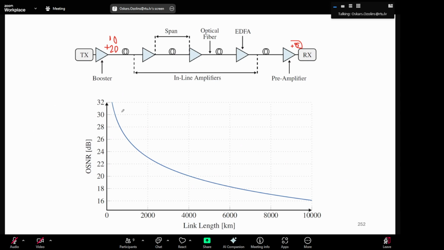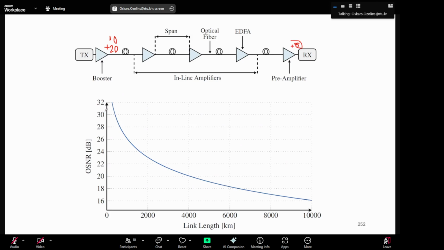But yes, the big problem with distance is that optical signal to noise ratio decreases with every amplifier. You add noise. So basically, at the link start, maybe you have something like 40 dB signal to noise ratio, but after 10,000 kilometers, maybe it's 16 dB.